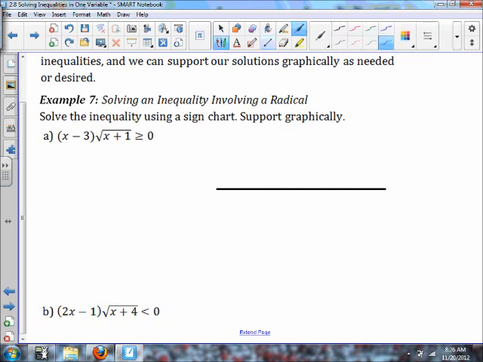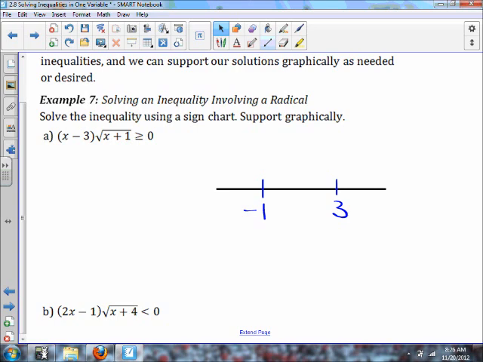We're going to have 3 and negative 1, right? So make sure you write these down. Now, remember, you cannot take the square root of a negative number. What's going to make the stuff underneath the square root negative?